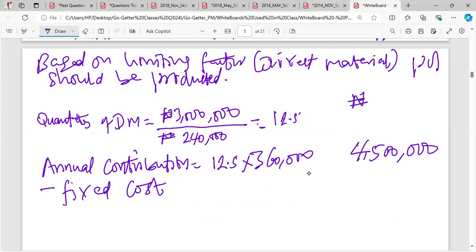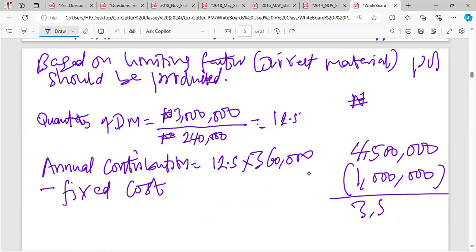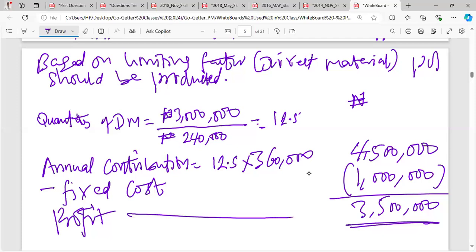So you remove your 1 million naira per annum, and so your profit will be 3.5 million. So that's your profit that you are asked to find.